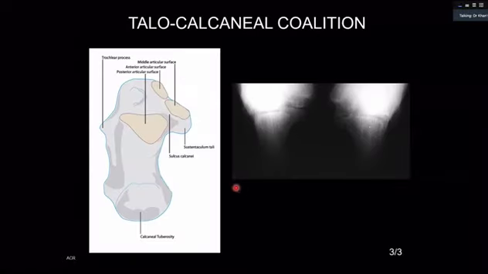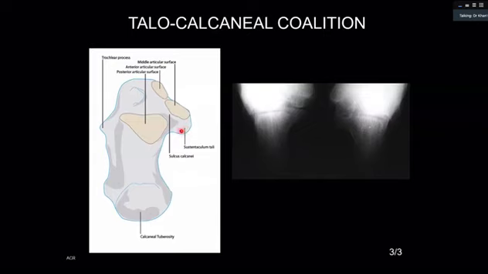So let me go back to the basics. Look at this. This is your calcaneum. One of the landmarks is this aspect, known as the sustentaculum tali, which projects medially.